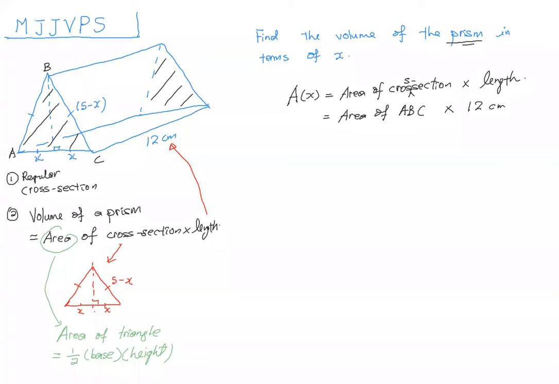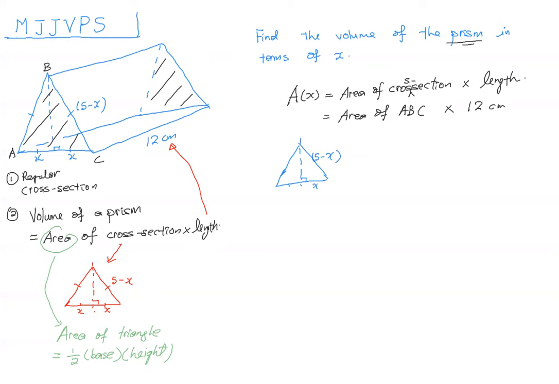Okay, so now, how am I going to find the area of ABC? I can do it separately. I draw out the shape. This is 5 minus X. This is X. This is a rectangle.